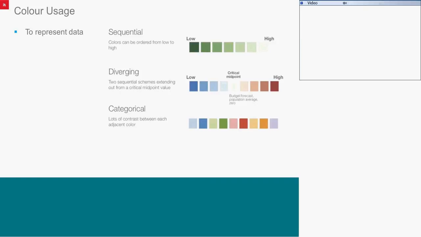Diverging, obviously, so that will allow you to, again, show from low to high, but it'll give you that critical midpoint, and it will show the degree of change towards either the low point or the high point. Categorical, so if you're looking at something like a dimension, you can categorize each of those dimensions using color, and that means that it separates each of them quickly to the eye.